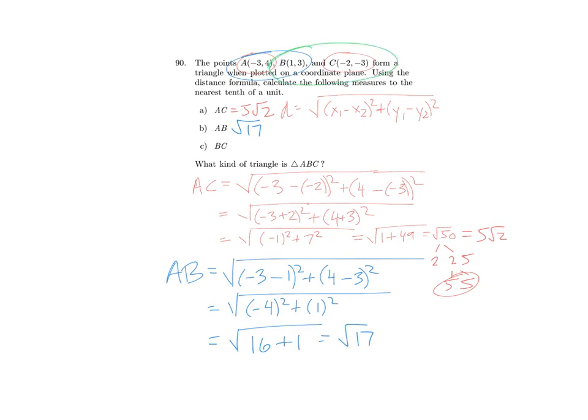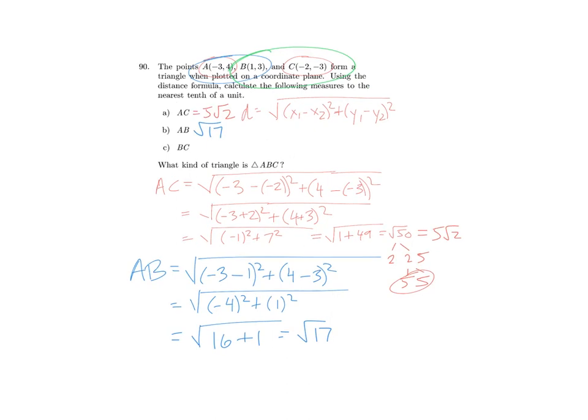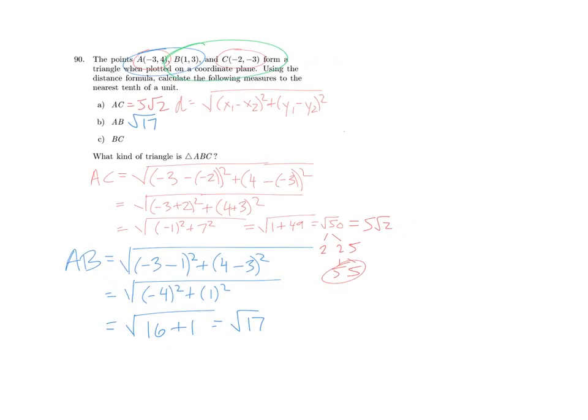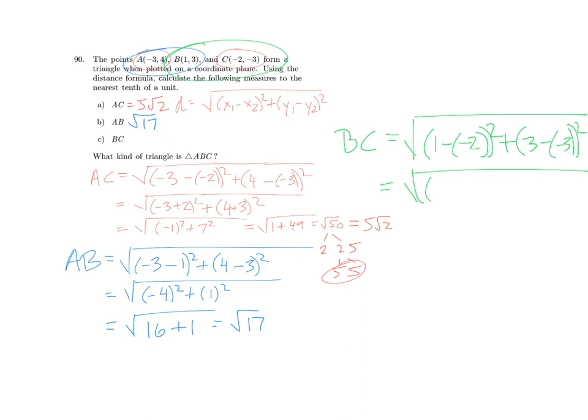Then I have BC. I'll do the work over here. BC is equal to 1 minus negative 2 squared plus 3 minus negative 3 squared. So I have 1 plus 2 squared plus 3 minus negative 3, so that's 6 squared.